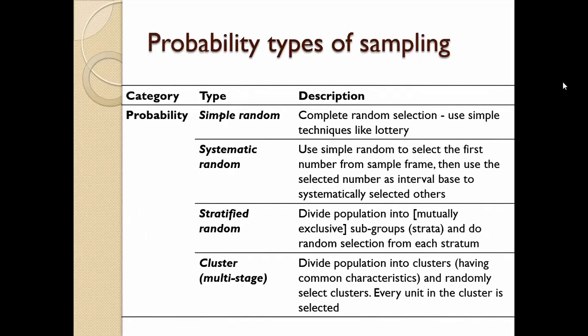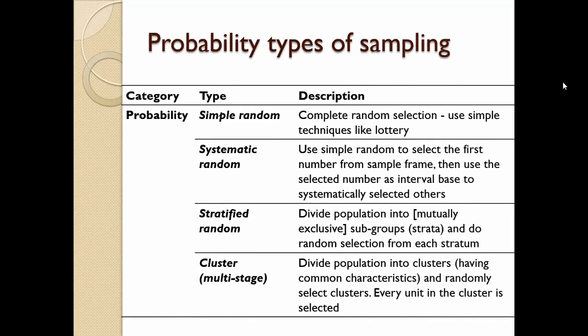There are different types of sampling under probability sampling. You have simple random, which is complete random selection, whereby the researcher can use techniques like a lottery. For instance, you get your units, write them on paper, drop them in a jar or a basket, shake them, and then choose at random, and then you have your sample.